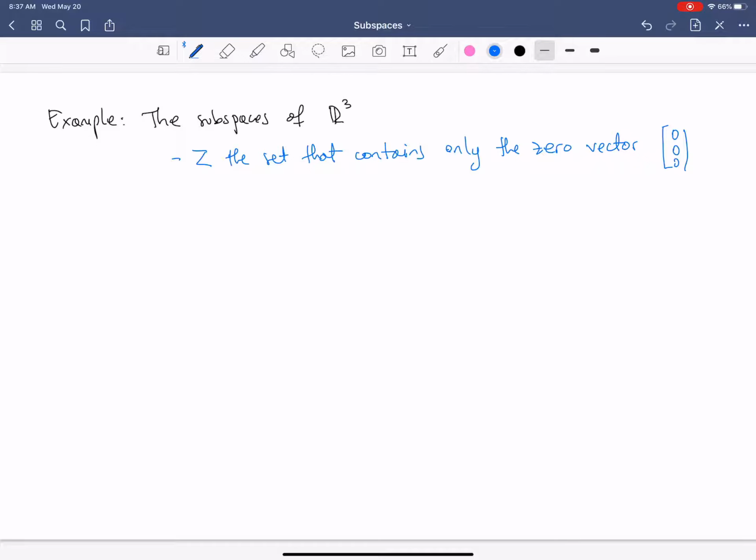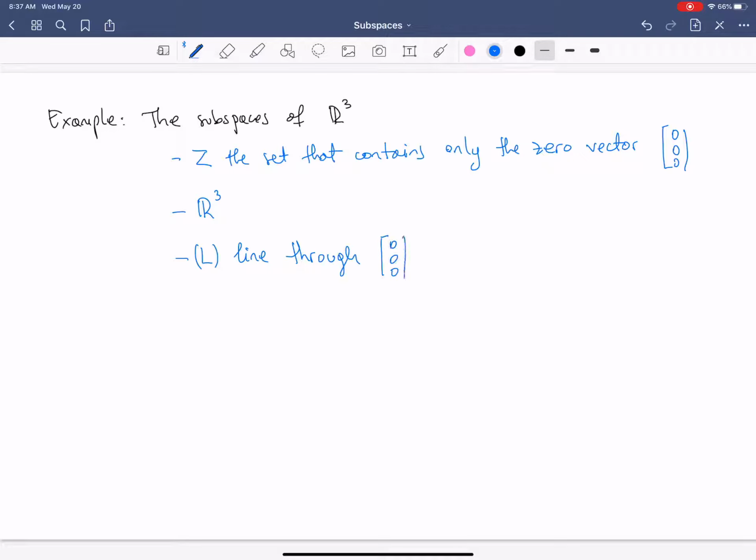Another trivial subspace is the space itself. So the entire space R3 is trivially a subset of itself. And because it's a space, it's also a subspace. It certainly respects linear combinations. Another type of subspace that we could have is L, which is any line through the origin.